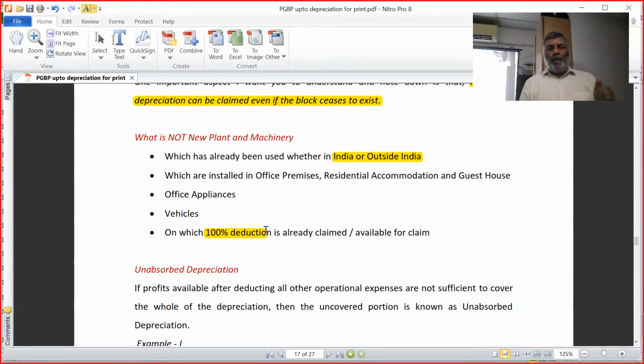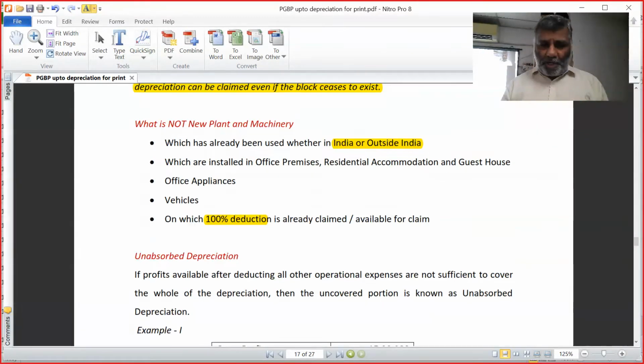So, normal depreciation, additional depreciation. The third limb is known as unabsorbed depreciation, where the profits are not sufficient to cover the whole of the depreciation. Where the profits are not sufficient to cover the whole of the depreciation, the uncovered portion is known as unabsorbed depreciation.